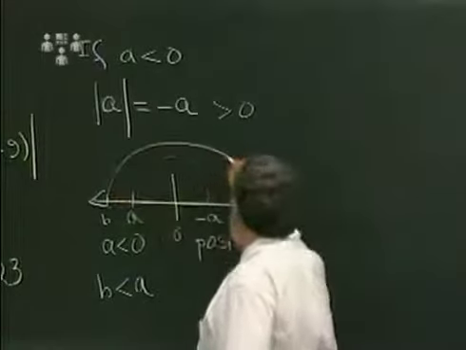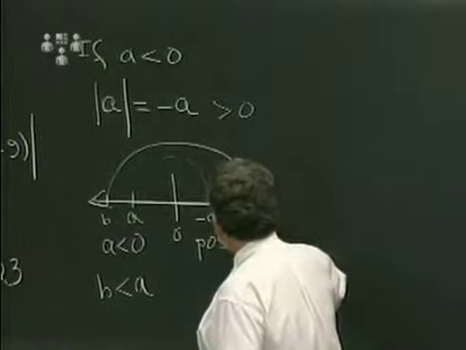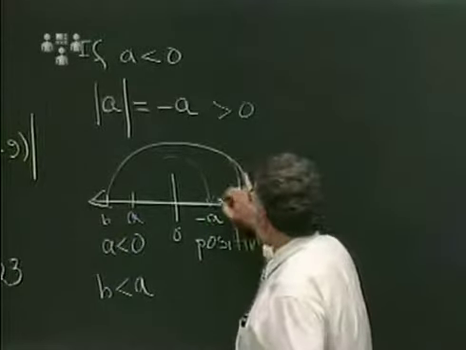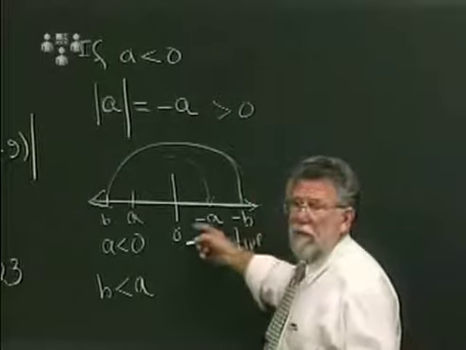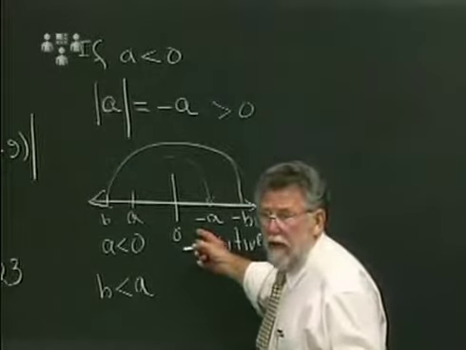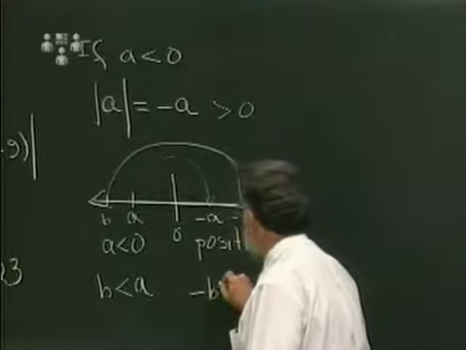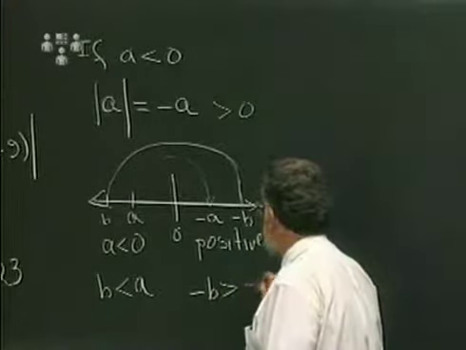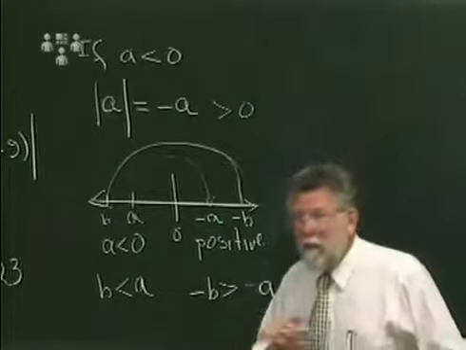Okay, I'm not drawing these rainbows very well. But here's minus B. And sure enough, as you said, minus B is to the right of negative A. So minus B is greater than minus A, and both of them are positive.